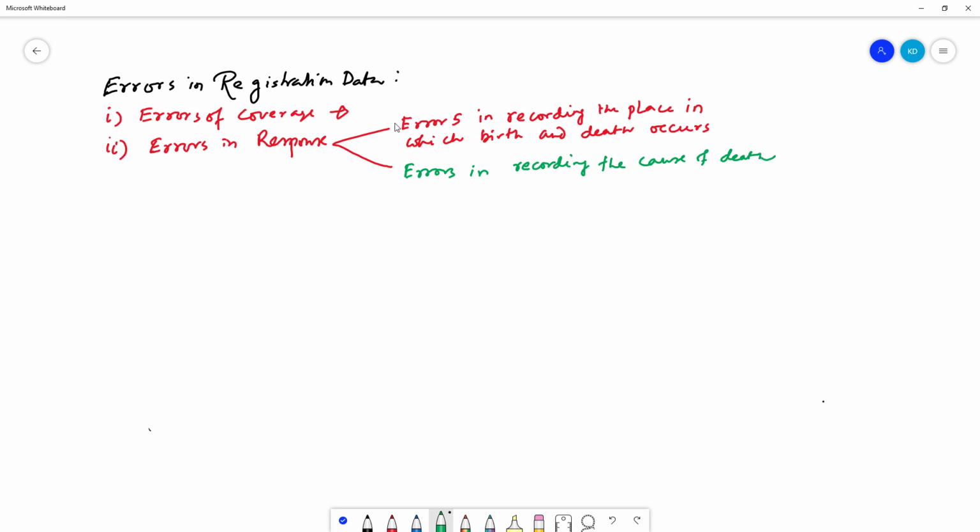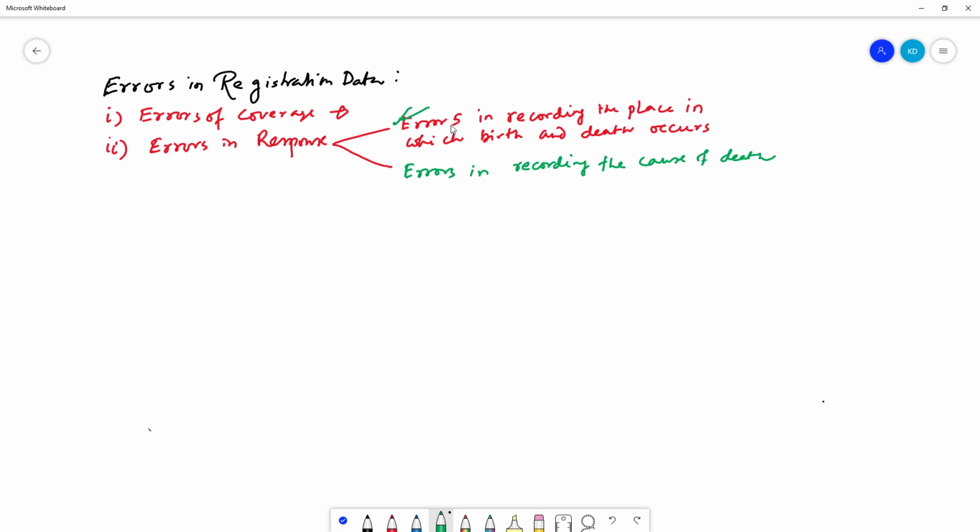The errors in recording the place in which birth and death occurs: a birth or death occurring in a city hospital may be recorded as an addition or loss to the city population, although actually the mother or the person dying may really belong to some other area.